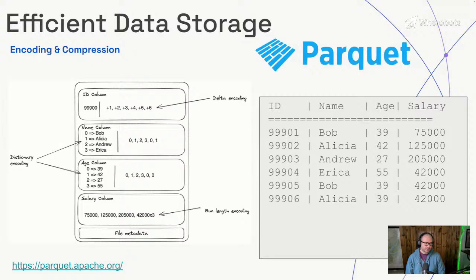And if those are repeated, rather than storing each individual value, we can store basically the key for the value in our dictionary, like so, where instead of storing the full string values for each name, we're just storing the key to a dictionary. And then we can also leverage things like run length encoding. If we have repeated values, rather than storing 42,000 3 times in a row, we can just store that value once and say, hey, that repeats 3 times.